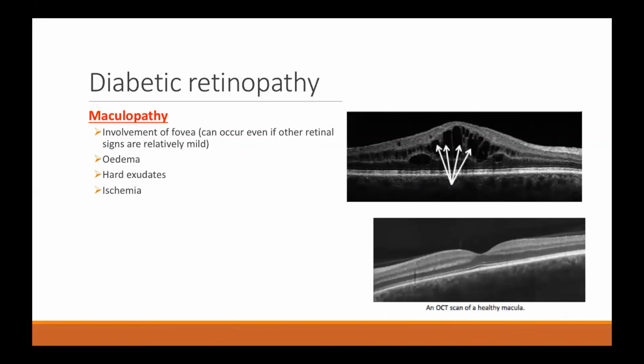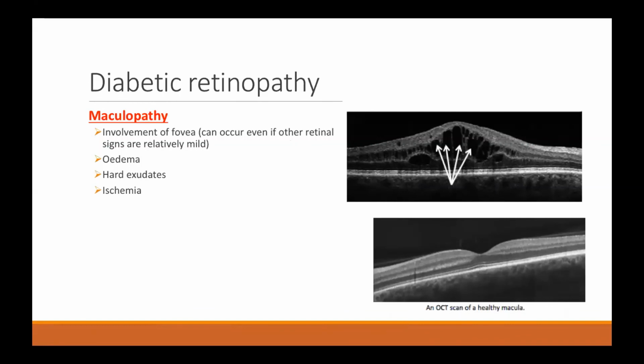So you've also got maculopathy. This can occur at any stage of diabetic retinopathy. It doesn't have to go through the proliferative stage and then maculopathy. You can get it with background diabetic retinopathy, for example. It's the most common cause of reduced vision in diabetes in the working age group.